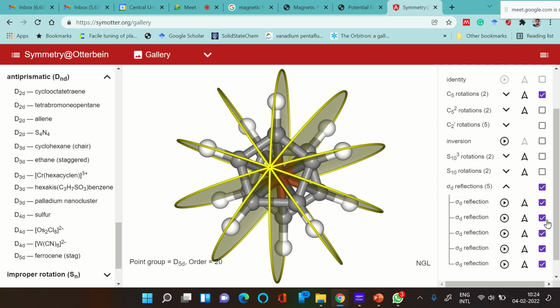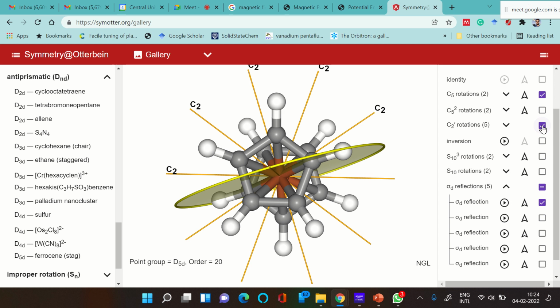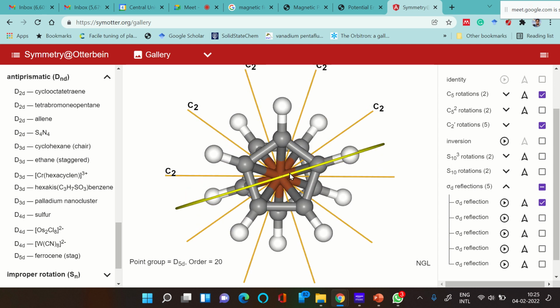So these are C2 axes. So why are we calling it dihedral? Because in the plane perpendicular to the principal axis C5, this plane cuts the angle between two C2 axes. So that's why it is a dihedral plane.